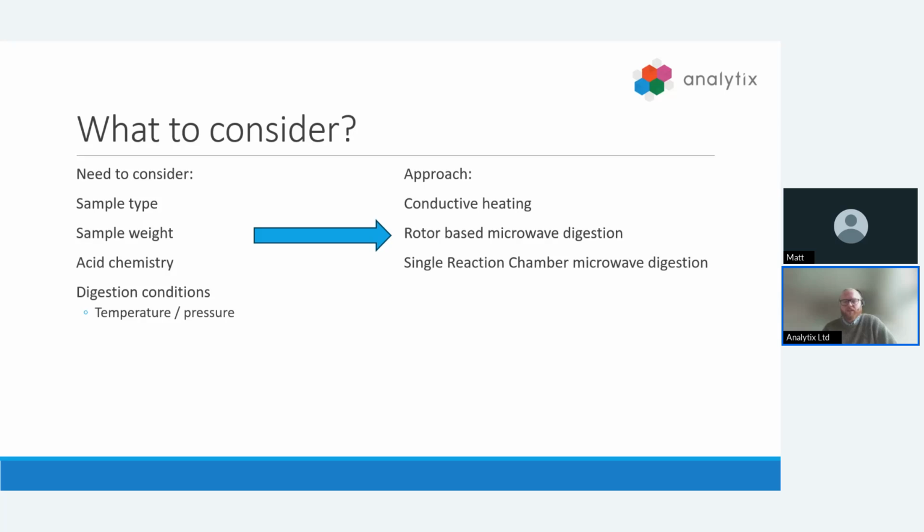Let's take organic sample, for example. You would need maybe nitric or aqua regia to digest these types of samples. Or if you had an inorganic sample with lots of silicates, you would need HF to digest these. Ultimately, the goal is to achieve that complete particle-free digestion. And to do this, you need appropriate digestion conditions with the appropriate temperature and pressures, and your system needs to be able to achieve these.